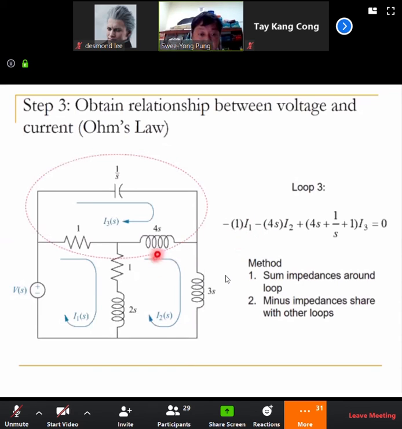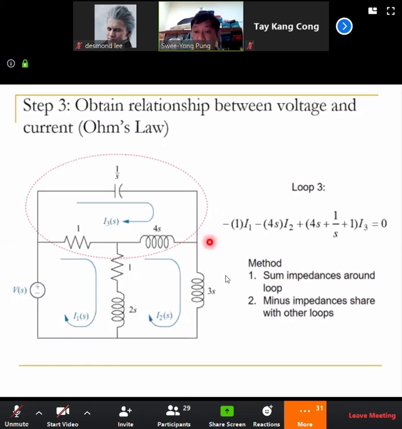And the component shared with loop 2 is this one, so it is 4s multiply I2, with a negative sign. And the whole equation will be this one.